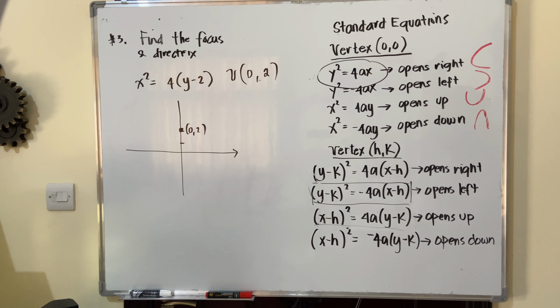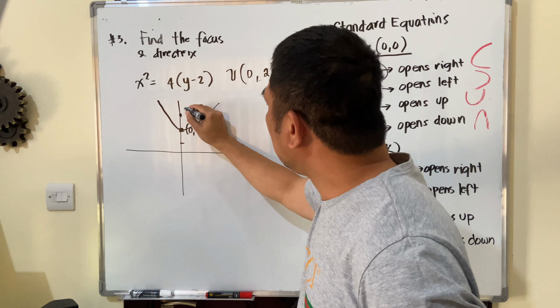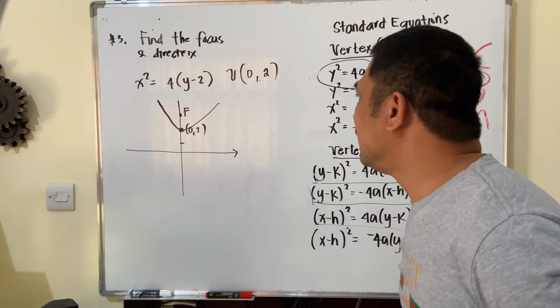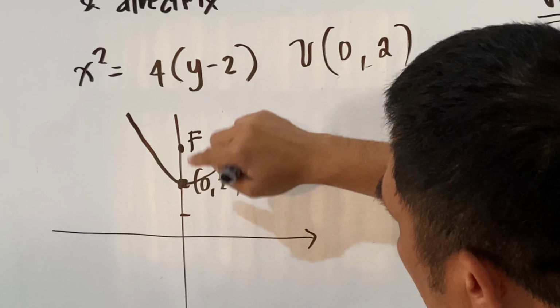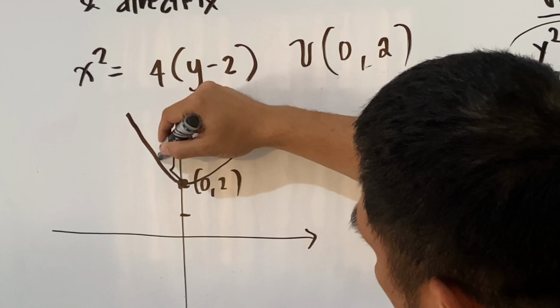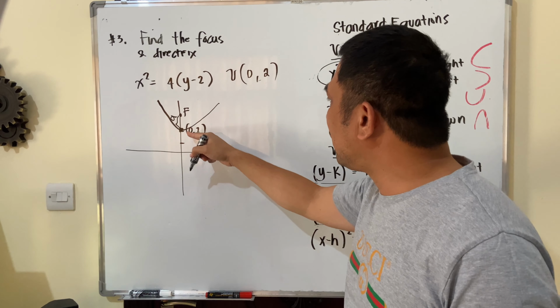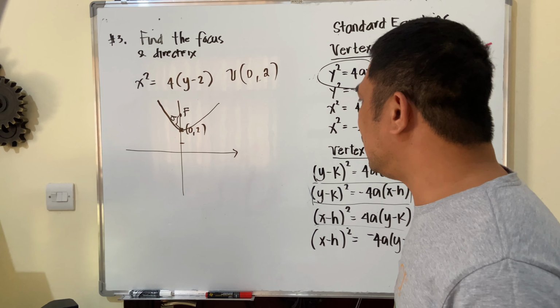Since your parabola is opening up, your focus is somewhere here. How do we find the focus? The distance from your focus to your vertex is a, and from the vertex to the directrix is also a.